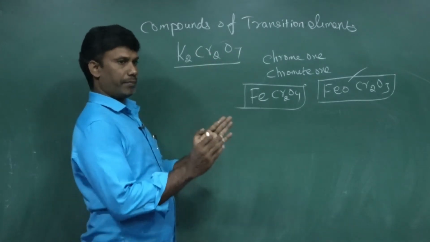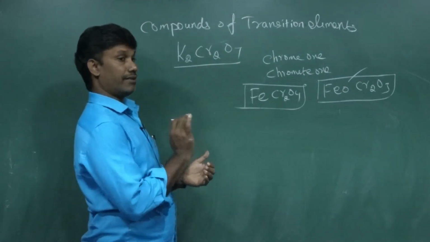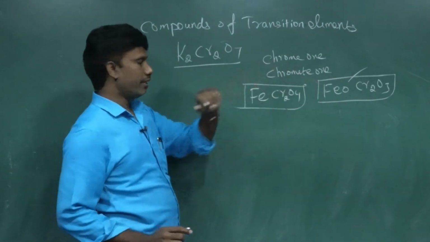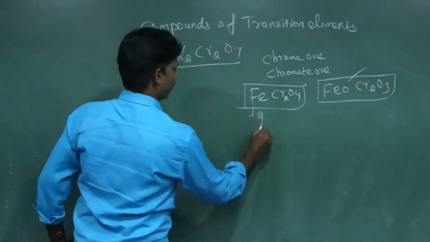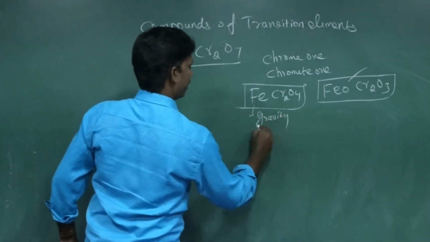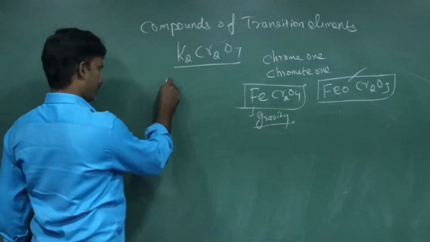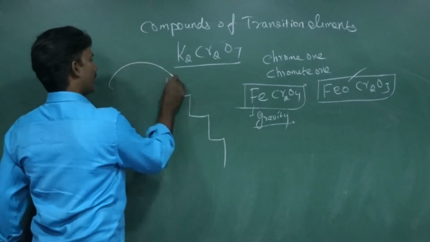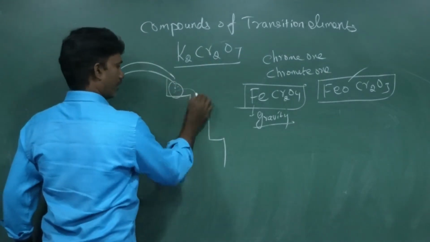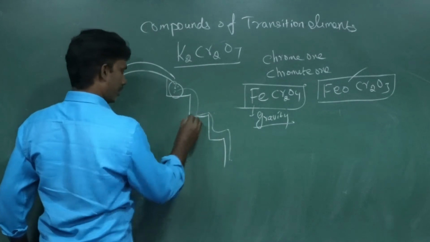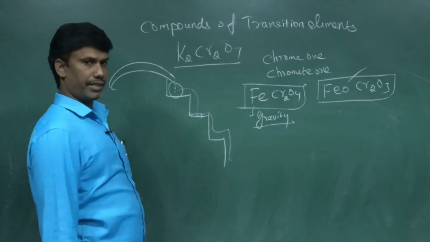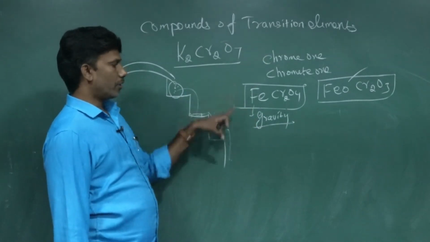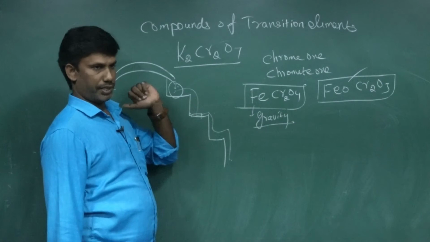The first step of preparation is the concentration of the ore. We can concentrate this ore by using gravity separation. You know very well what gravity separation is: the ore is placed, a stream of water is poured, and then by using gravity we can collect it. This we have already discussed in the metallurgy portion.